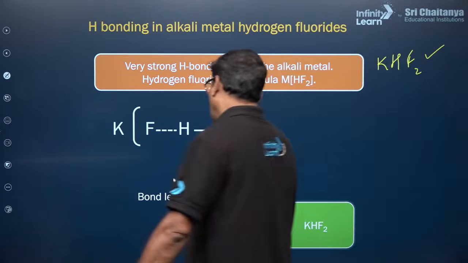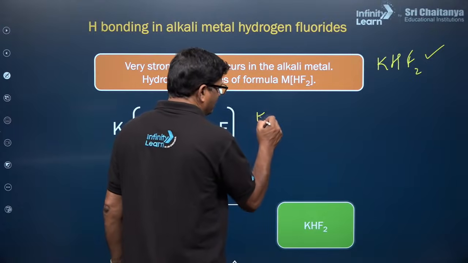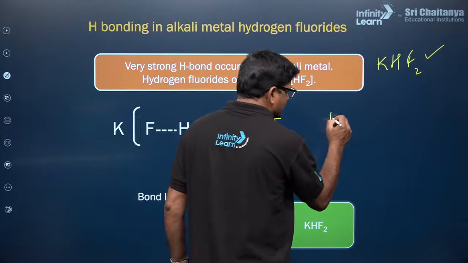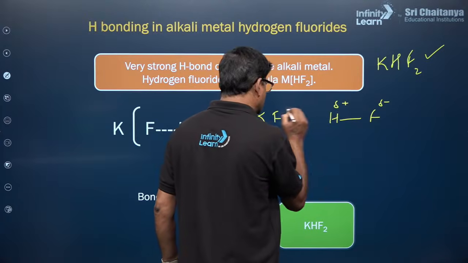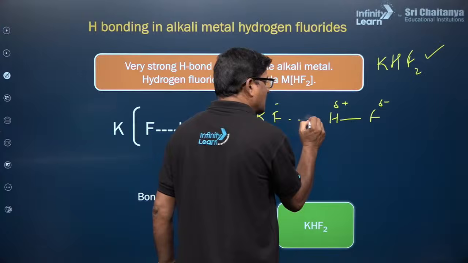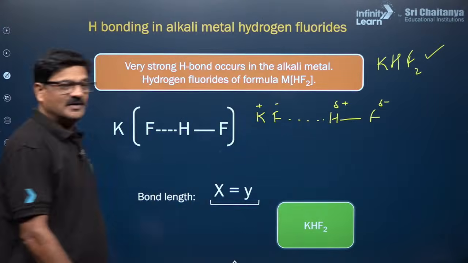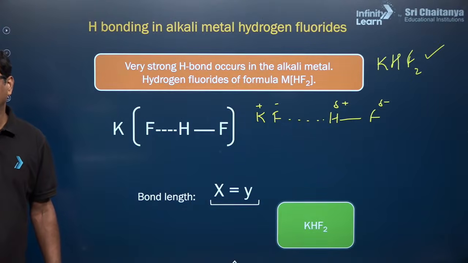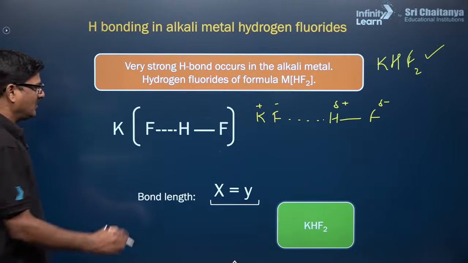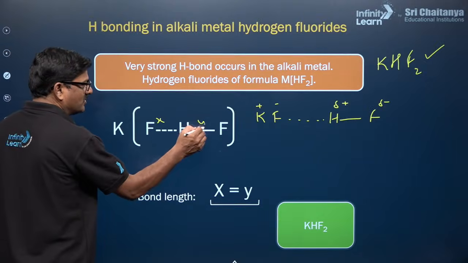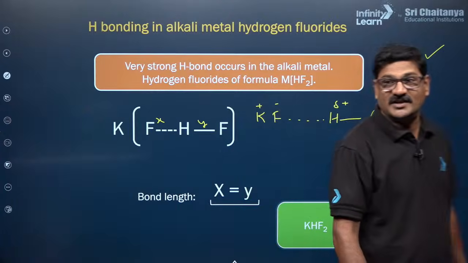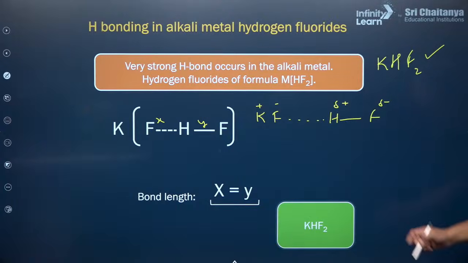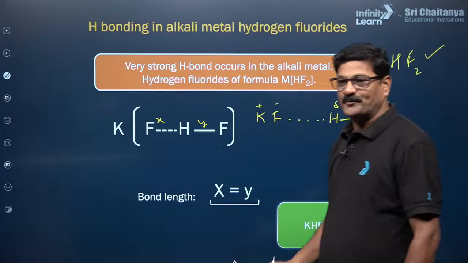You can see KF and HF, where HF is covalent, with a partial negative charge and a partial positive charge, K+ and F-, and there is a hydrogen bond. The bond length here is X and the other is Y. The bond length of X is equal to Y, which indicates strong evidence of the existence of hydrogen bonding.